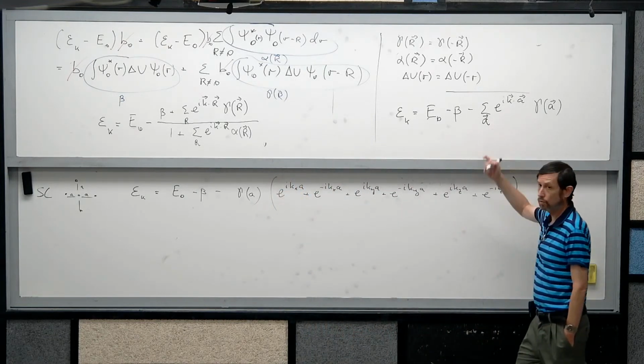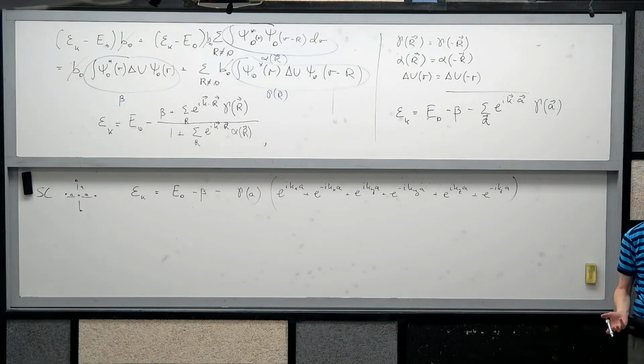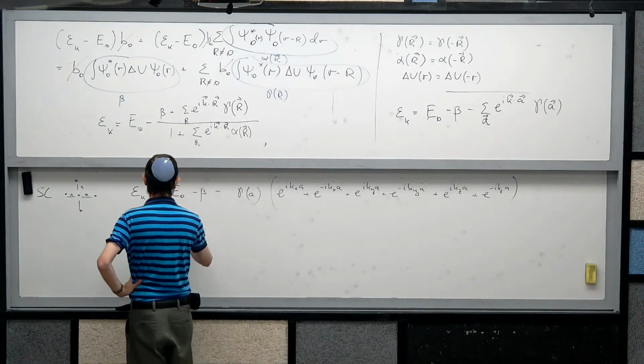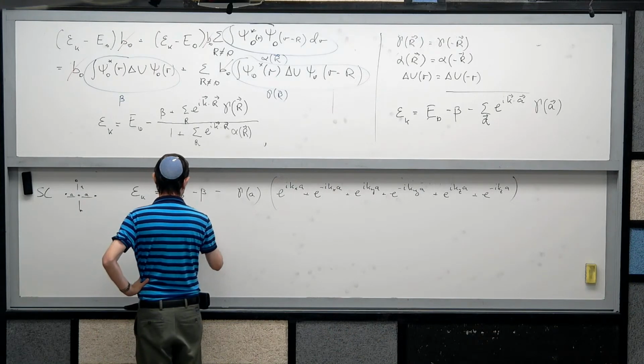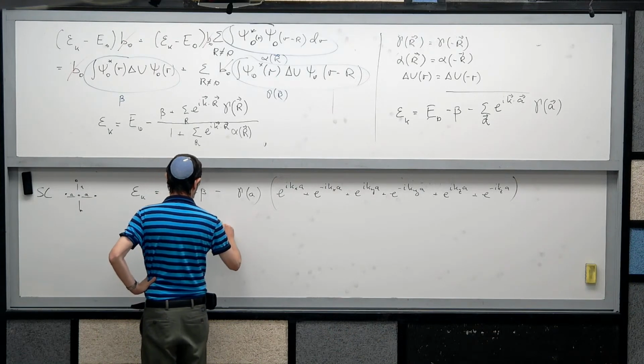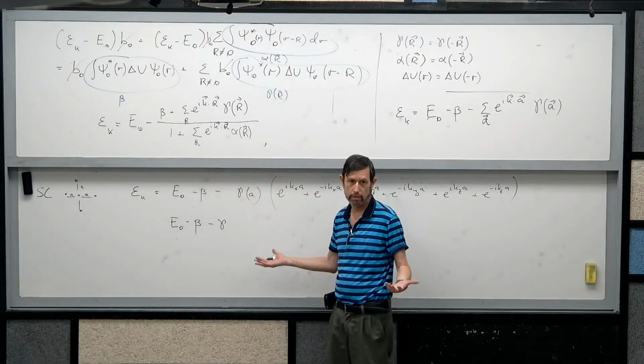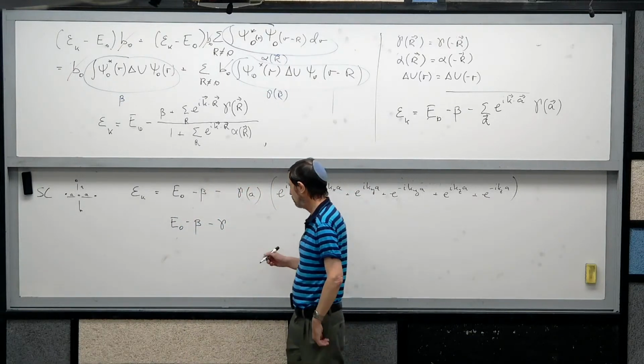Okay, I just wrote the summation over the nearest neighbors. I will stop writing here alpha because all of them are alpha, no point.